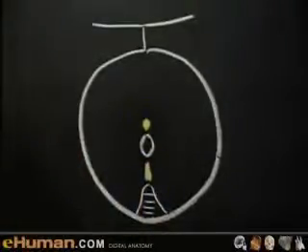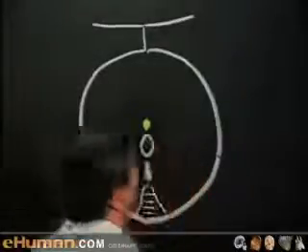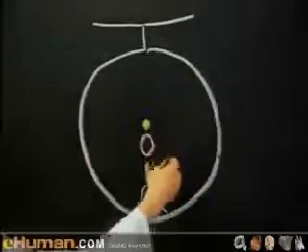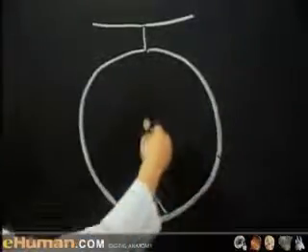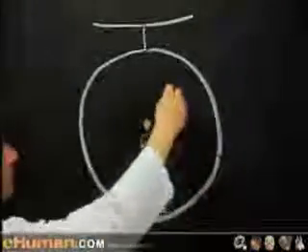Well, now we're in a position to look at the under aspect of the levator ani. Now the levator ani, as seen from the under aspect, can be divided into a number of distinct sets of fibers.